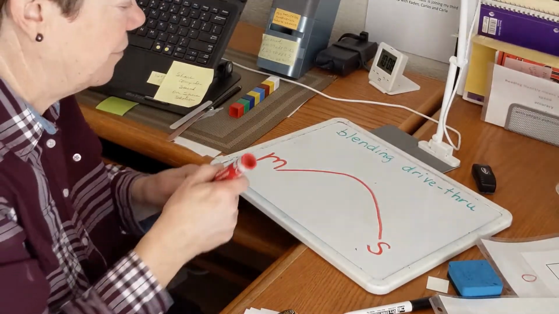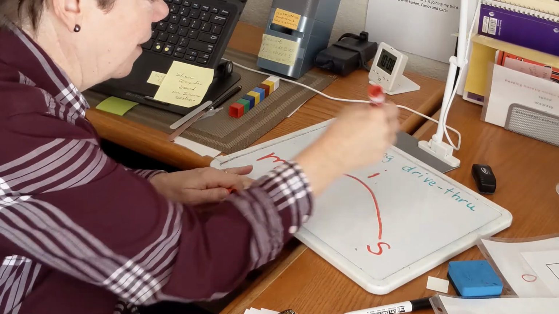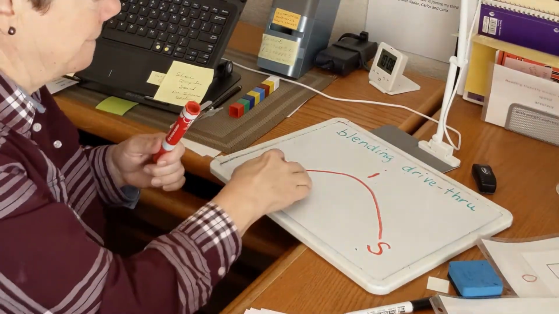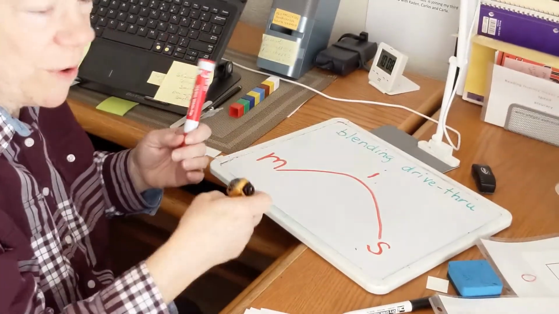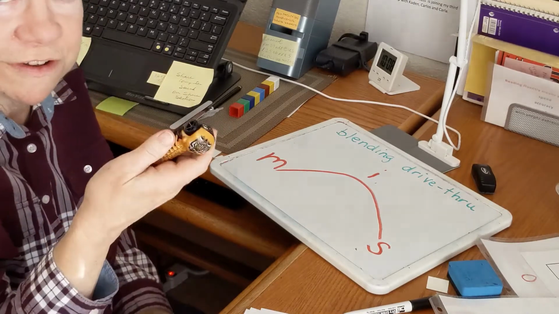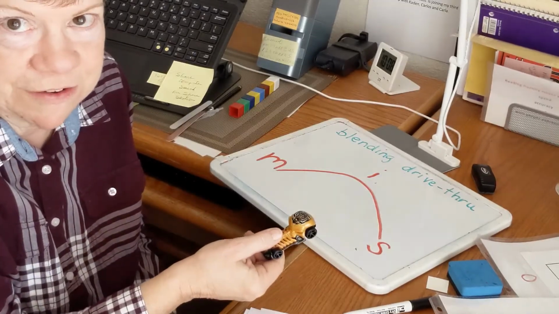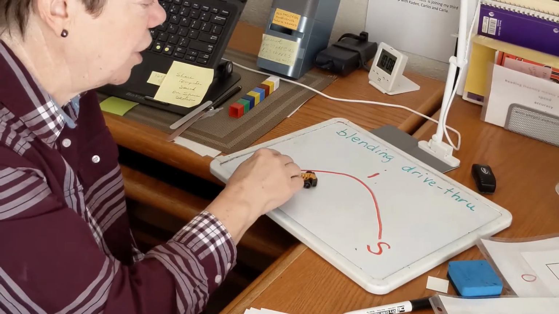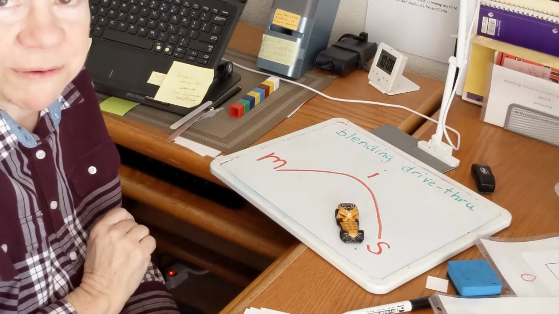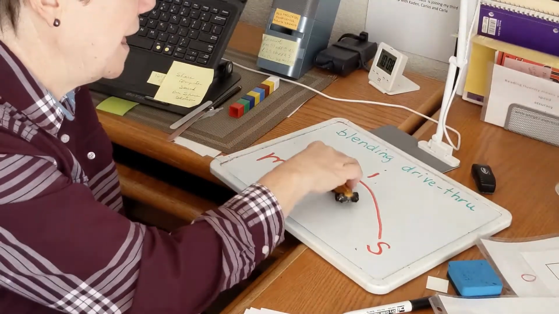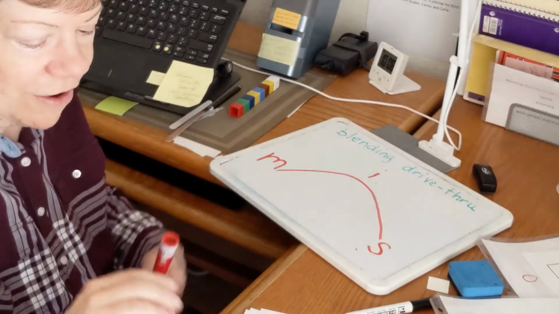You could do whatever your focus is. Miss. You want to use the terms of you're driving through those sounds and you don't stop in between each sound. You just keep your engine running and you keep right on going. Miss. That's the way we read words. We don't go "m, i, s." So that's a fun game there.